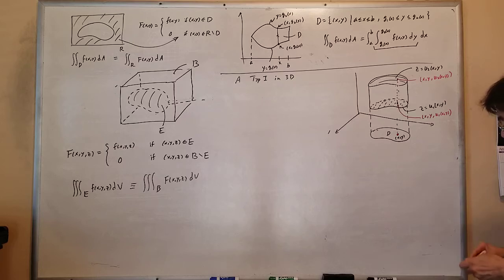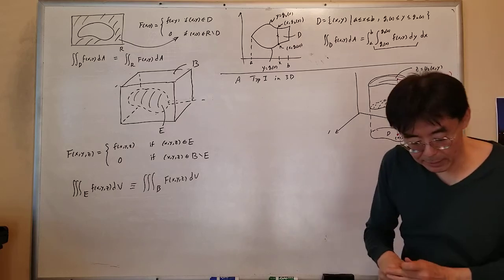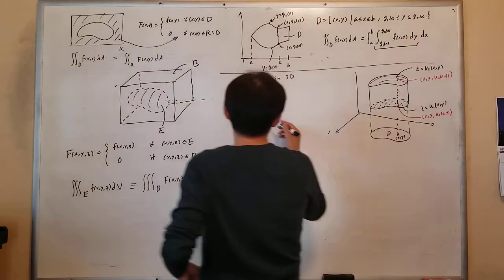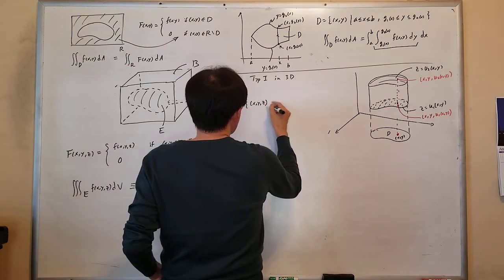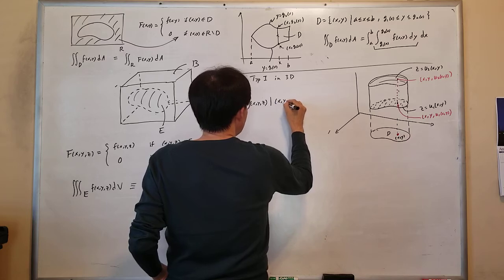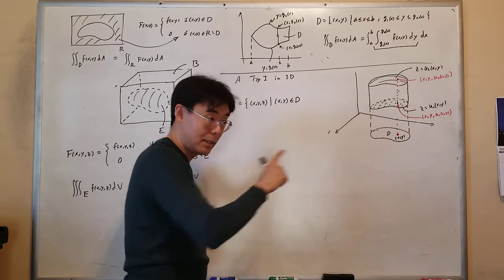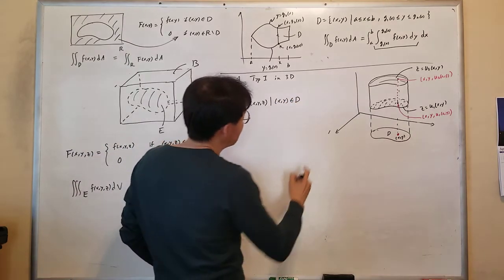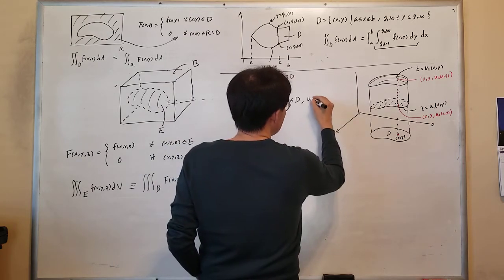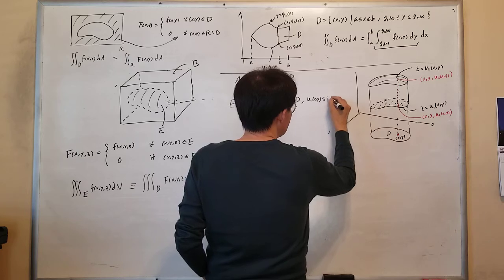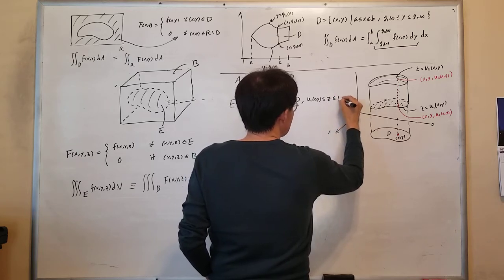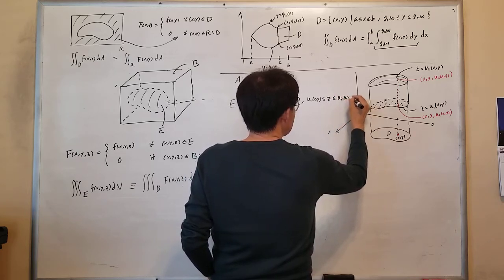So, if your domain E can be written as (x, y) in some planar domain D in the xy plane, then z runs from u1 of x, y, the bottom floor function, all the way to the ceiling function.